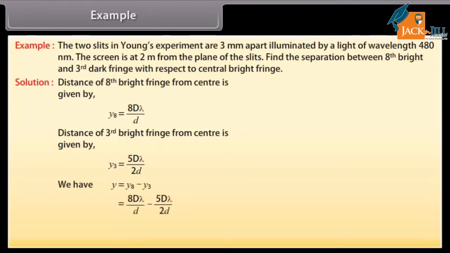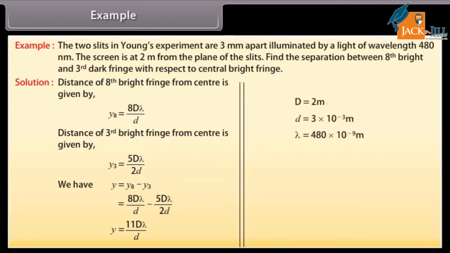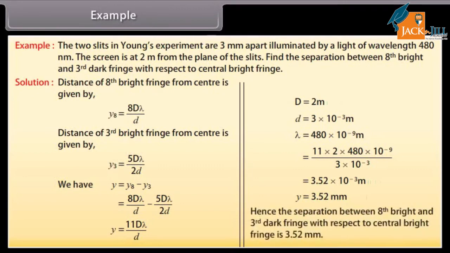By putting in the values and calculating, we get y is equal to 11Dλ/2d. Putting the values in the above equation and calculating, we get the value of y equal to 3.52 millimeter. Hence, the separation between the 8th bright and 3rd dark fringe with respect to the central bright fringe is 3.52 millimeter.